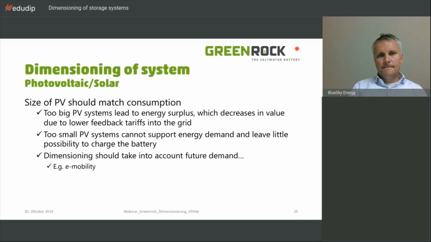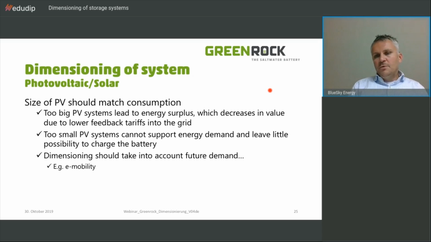In general, in terms of sizing of systems, I'm talking about photovoltaic sizing, and I'm not going into depth there because you might be much more equipped to address those topics. Of course, the PV system should match in terms of the production, in terms of the consumption what we are having in the house.